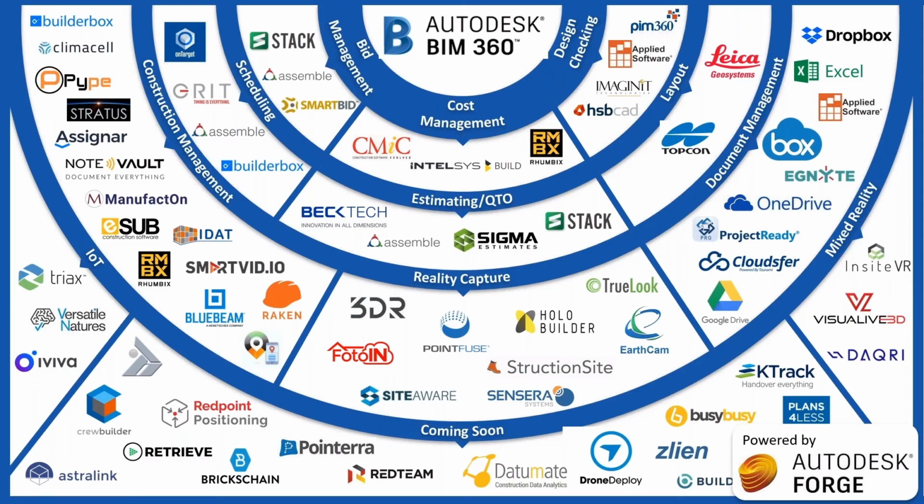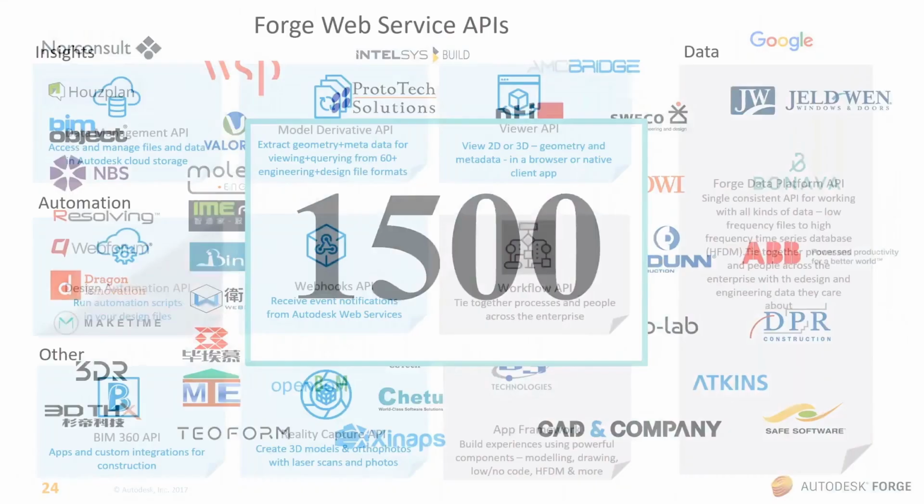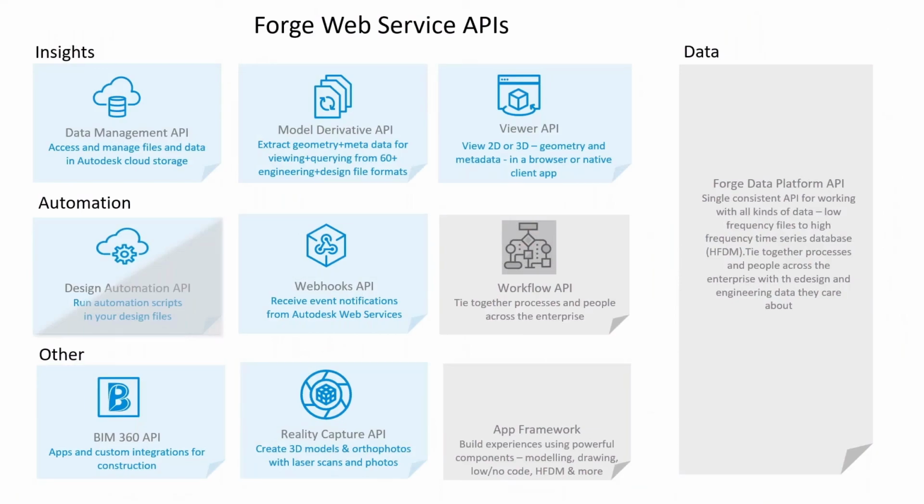We'll get to that in a second as well. Right. So another aspect, as I mentioned, the different services, you can also catalog them as what are they doing, if you will, in what aspect are they being used? So I mentioned insights. So obviously the data management API, model derivative, which is going to generate the viewable, and the viewer itself. Now, there is this second aspect, which is called automation.